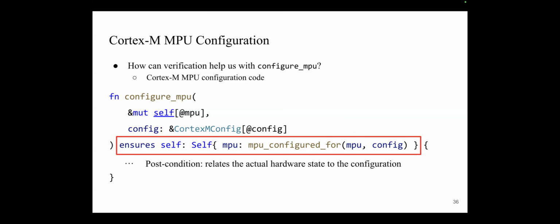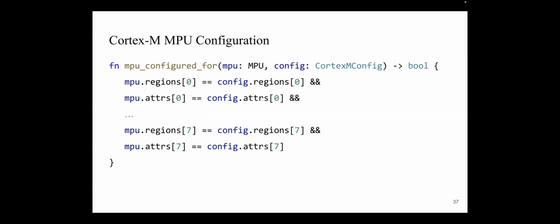In our case, the post condition says that there's a one-to-one mapping between the configuration for this actual process and the actual hardware. That is expressed very intuitively here, where we basically say, for every possible MPU region, the region configured in the MPU matches the region that we want in the configuration, and also the attributes for that region match exactly between the MPU and configuration.